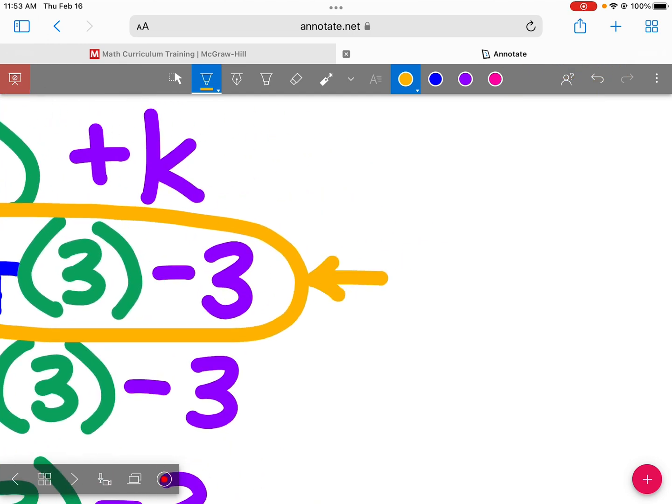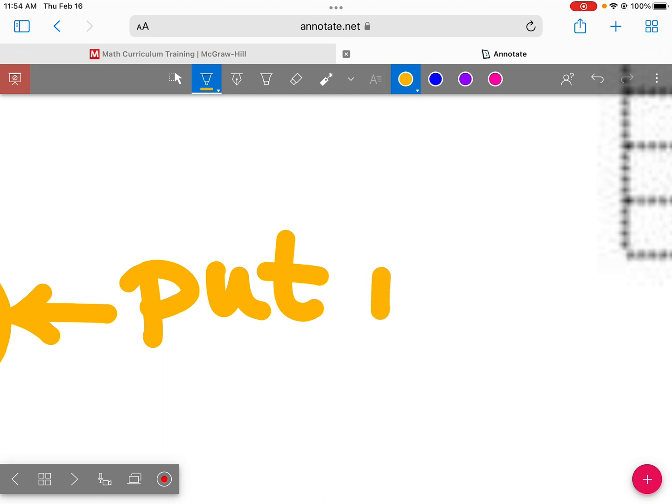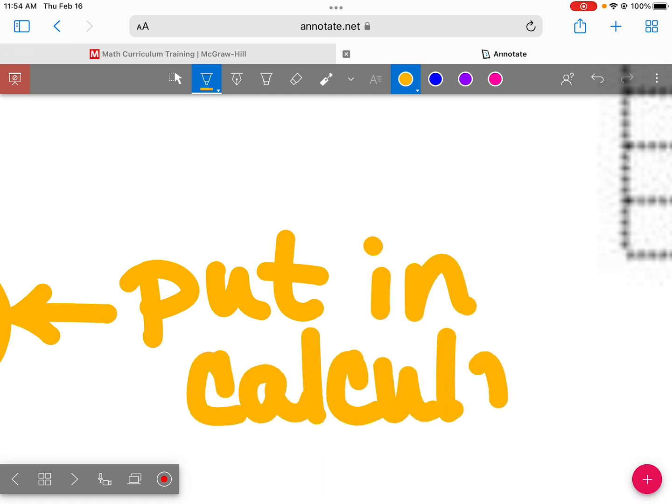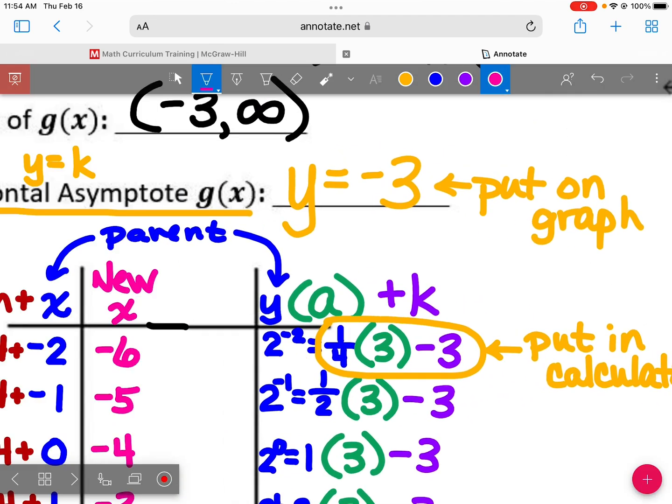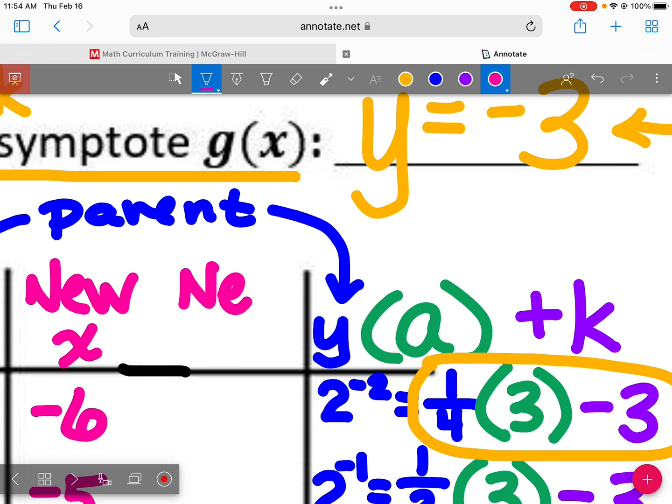I put this in my calculator. When you put it in your calculator, if it gives you a fraction back, how do you make it tell you the decimal? Arrows right above the enter key.